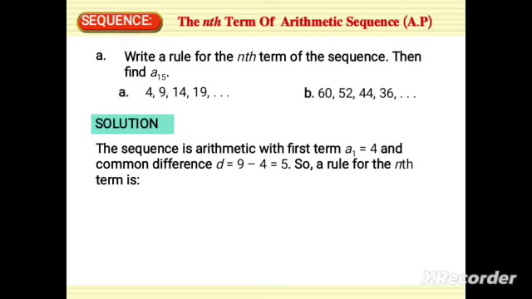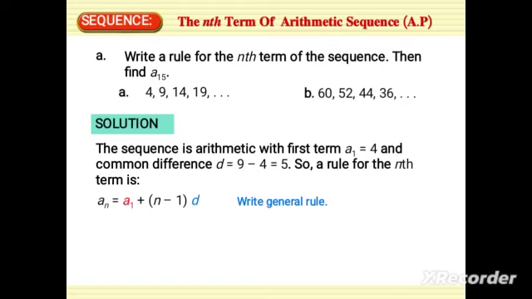So with that information, we can now write down the rule, the nth term, which really constitutes the first term and the common difference. And so we will say the general format is a plus (n minus 1) times d.